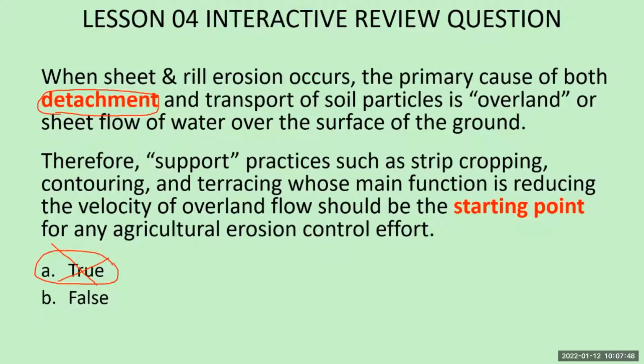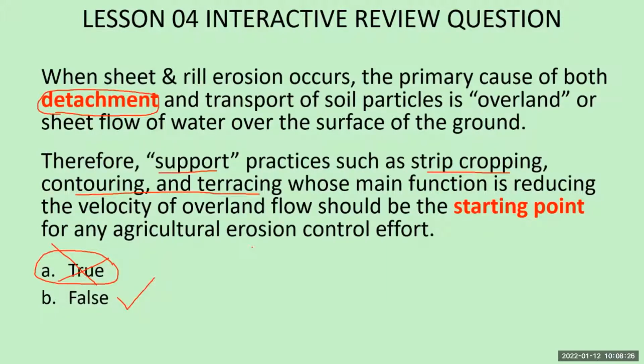So this is wrong, and therefore it is false that support practices, such as strip cropping, contouring, and terracing, which again we might not have discussed, and you might be like, oh, that's not fair, Chris, are the starting point for agricultural erosion control in Virginia for sheet and rill. The right answer is false here, because we need to intercept raindrops. We need to cover the soil. And if we change the shape of the land, but we don't cover the soil, we're not getting there.